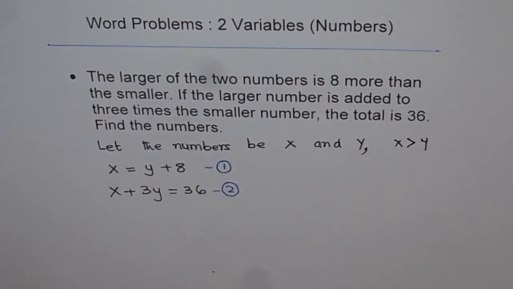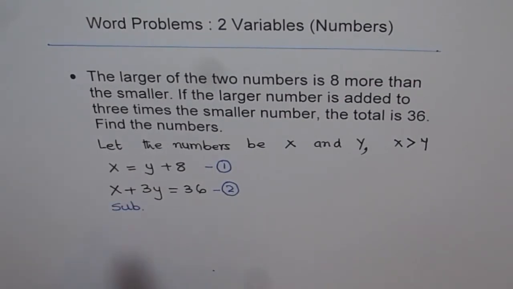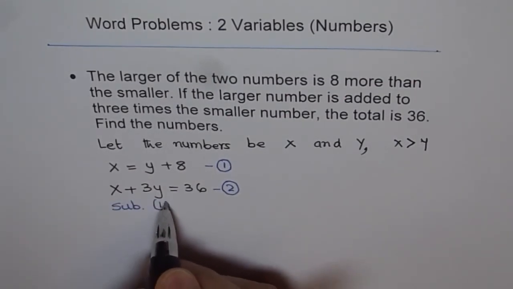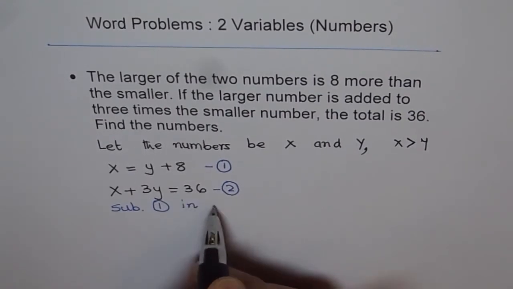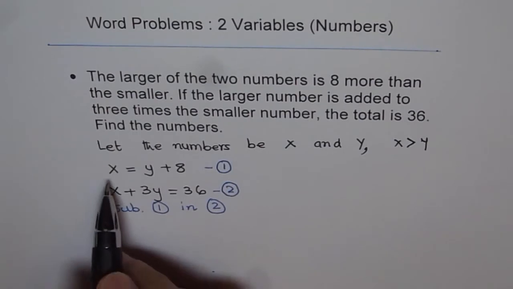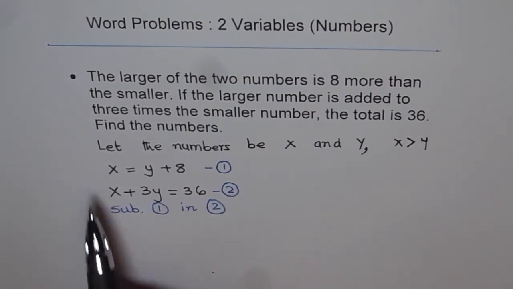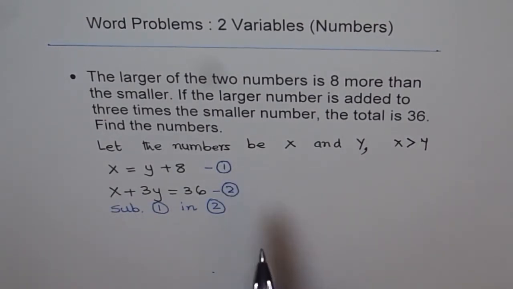So we'll write our step: substitute 1 in 2. Basically, we are substituting x from 1 in 2. I'm explaining it, so substitute the value of x from equation 1 into equation 2. That's what I mean, right?